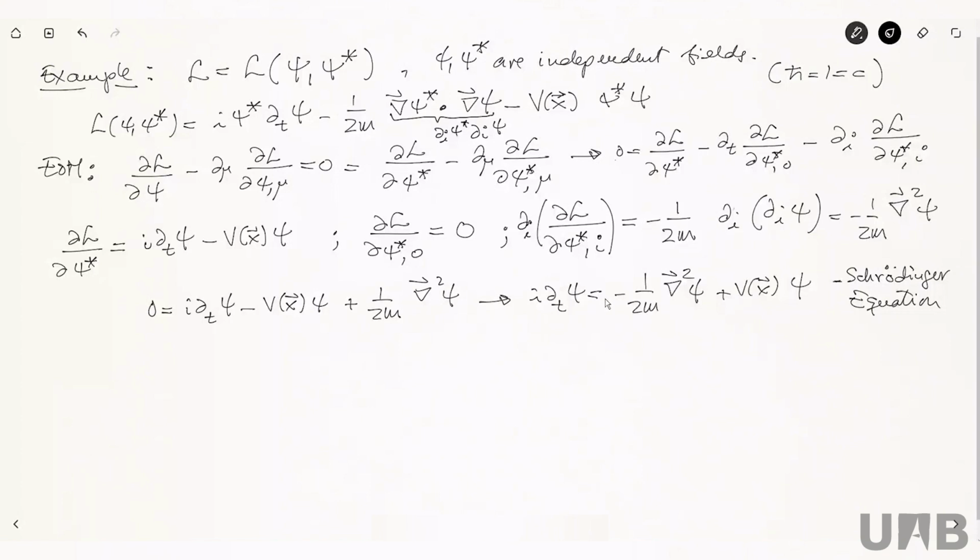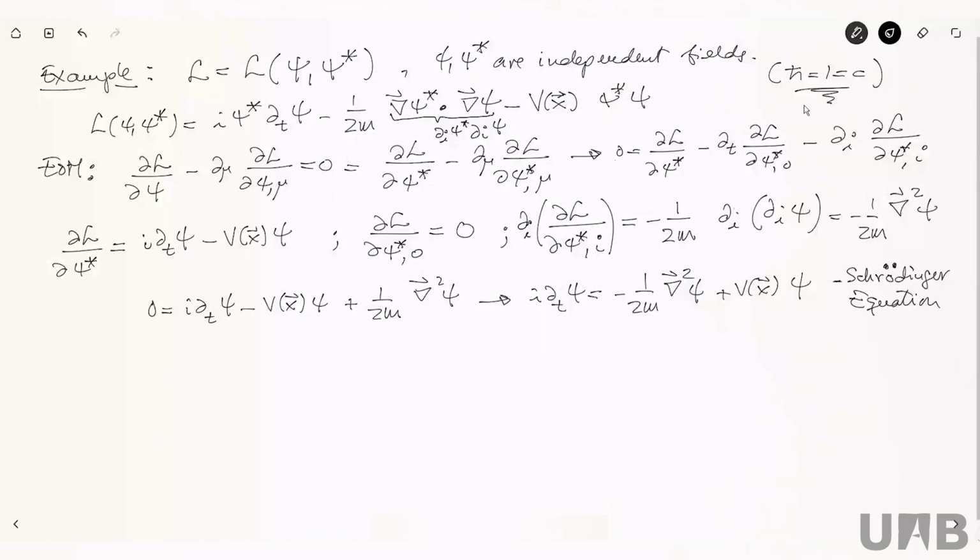So this is in the units in which h bar is 1, but it's a Schrödinger's equation. Exactly Schrödinger's equation. So if you wanted to have an h bar and then to be happy, then you would have to multiply h bars here and here. So an h bar here, an h bar square here, and then it will be exactly the same. So this is in these units, okay?